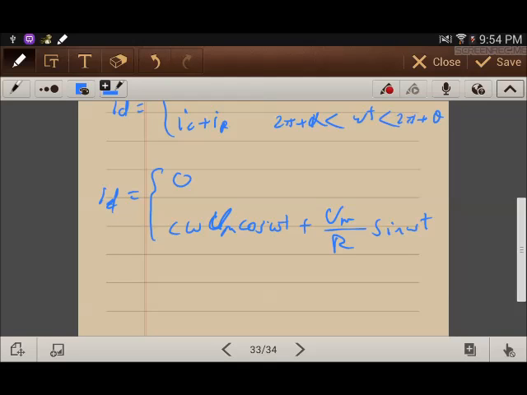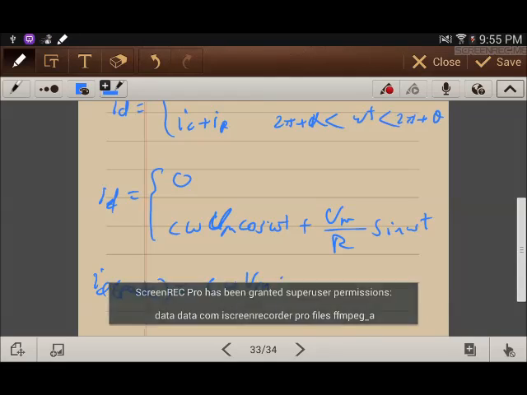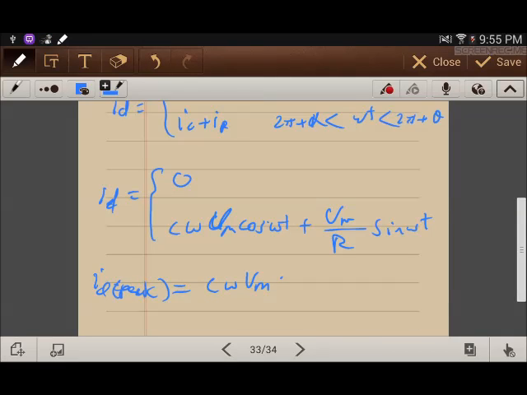And to find the peak value of the diode current, which is important to select the diode characteristic for the circuit, it will be C omega V maximum, and it happens at cosine 2 pi plus alpha.